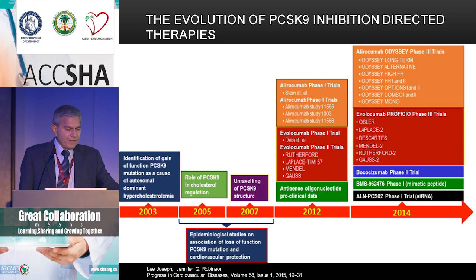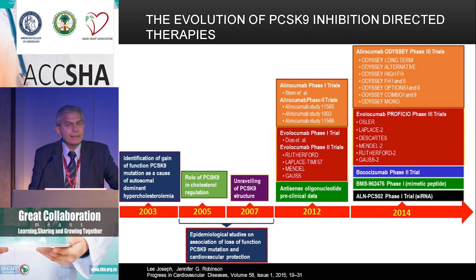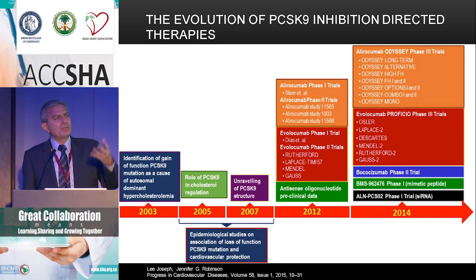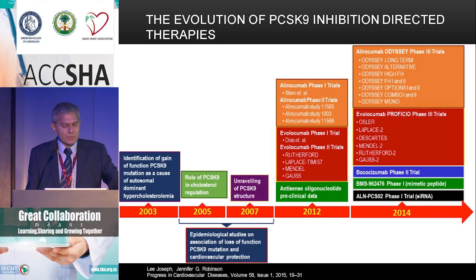So the role of the PCSK9 was identified around 2005, and then the structure was also unveiled, and the inhibitor, a monoclonal antibody, was also synthesized, and then the studies were initiated.